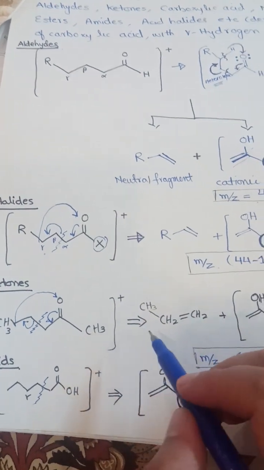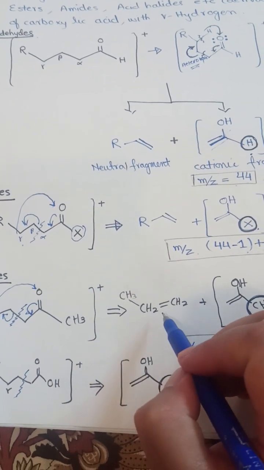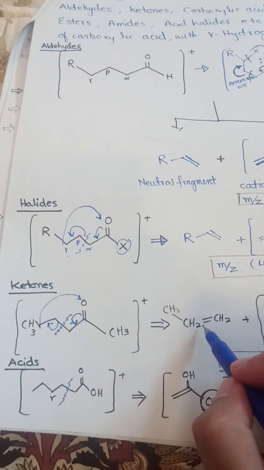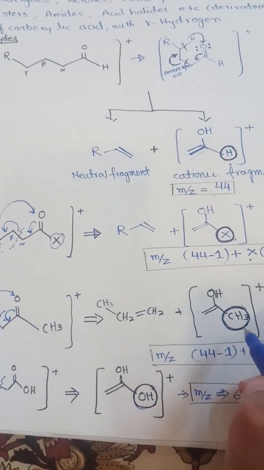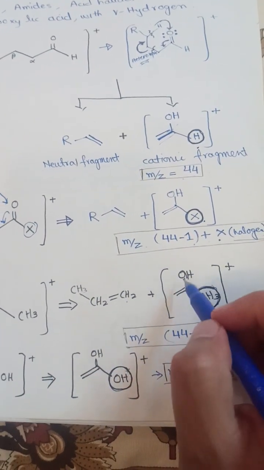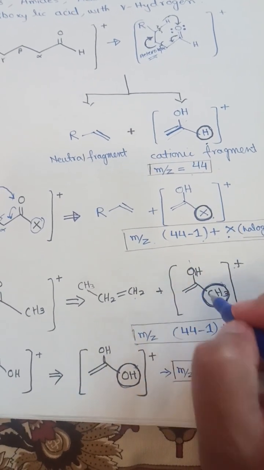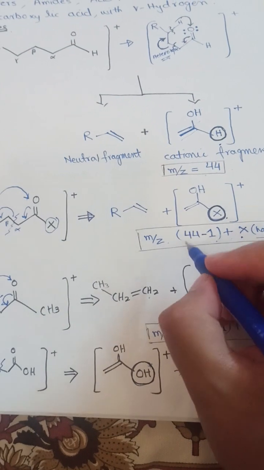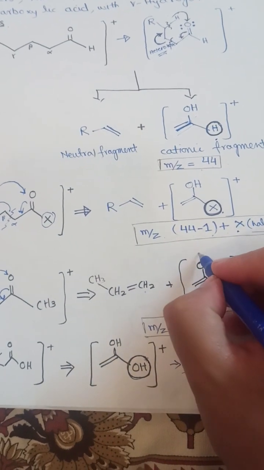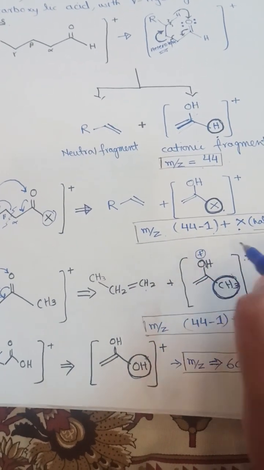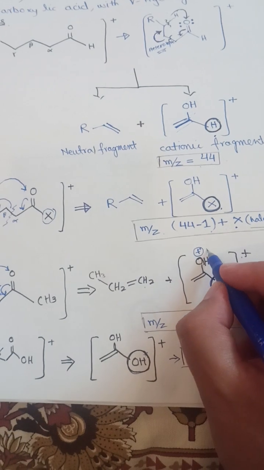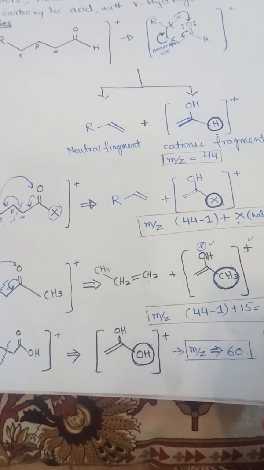In this case we will get this neutral fragment, and here we get a positively charged fragment, or we can show the positive charge on the oxygen atom. So either here or here we can show it.